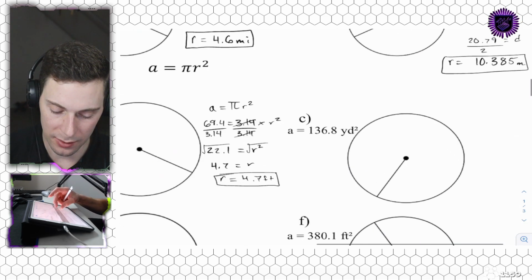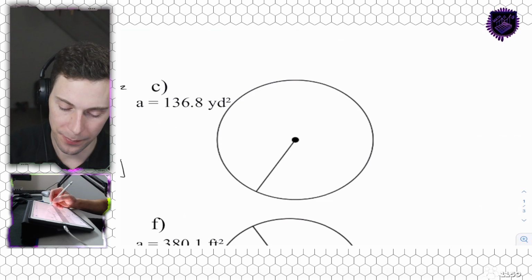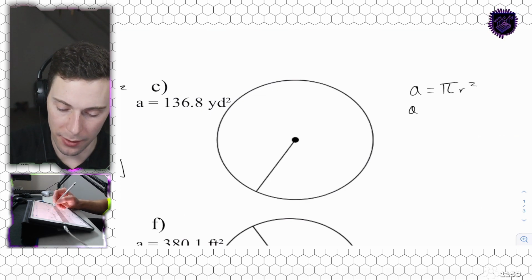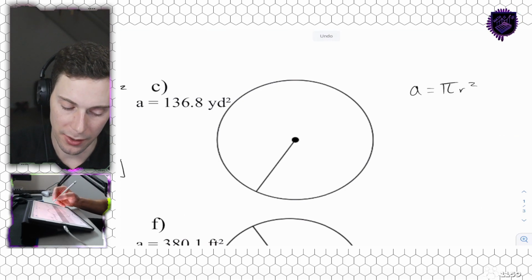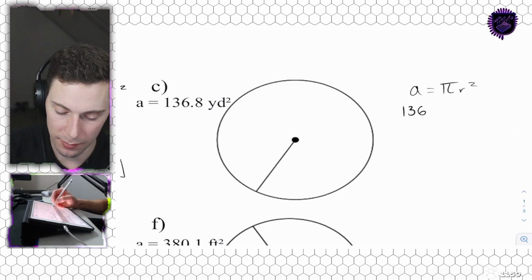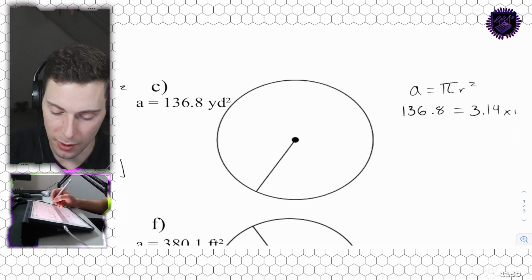Last radius we're finding. Then we have to find the diameter again. So our area formula is area is equal to pi times r squared. Area is equal to 136.8, which is times 3.14 times r squared.